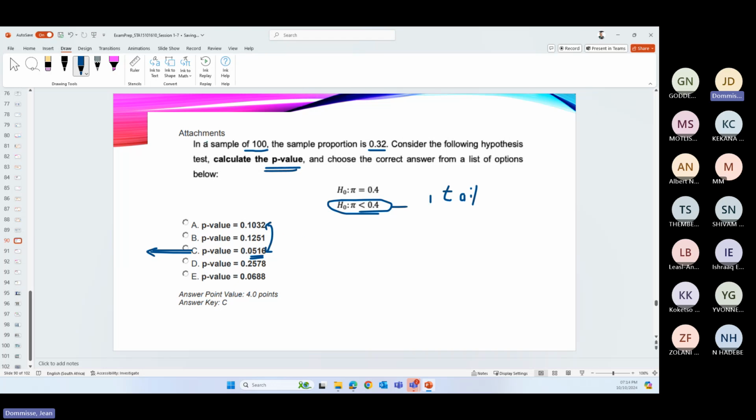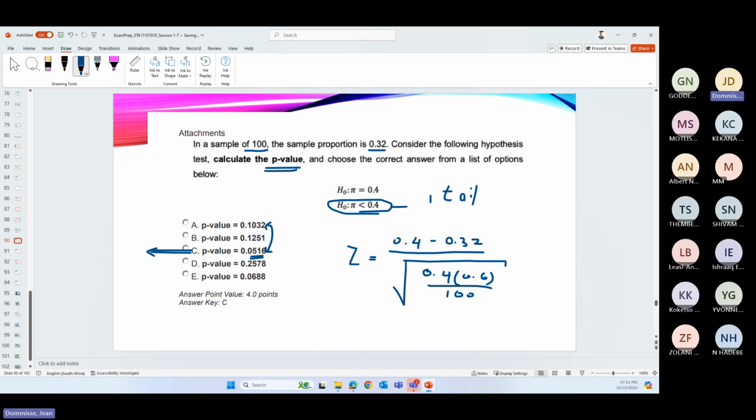But let's see. I need to get a Z value. So 0.4 minus 0.32, divided by, and now we need to do the 0.4 times 0.6 divided by 100 calculation.